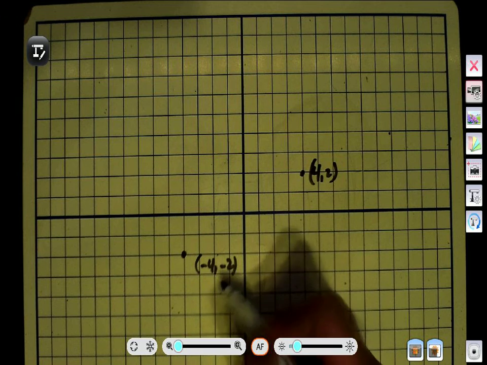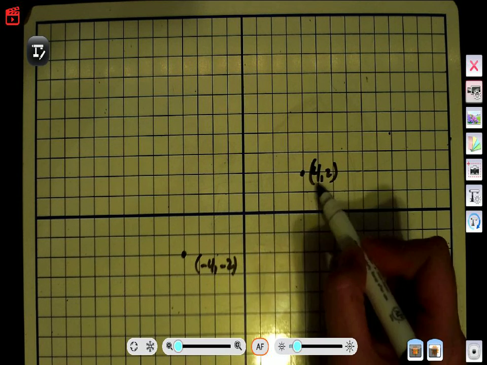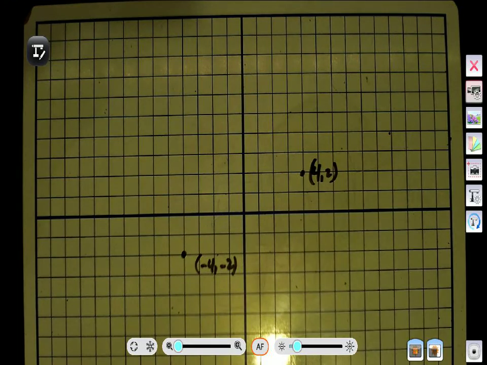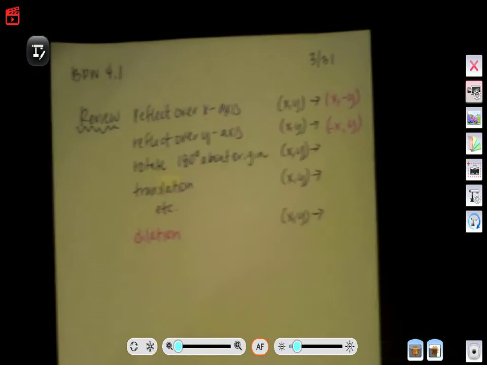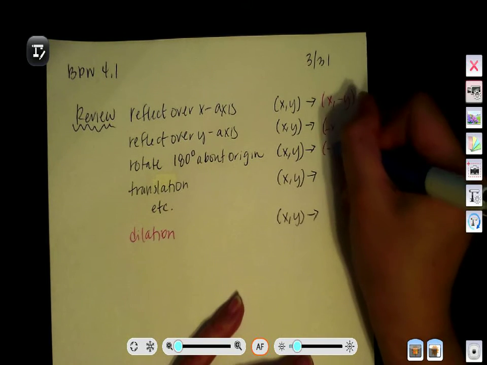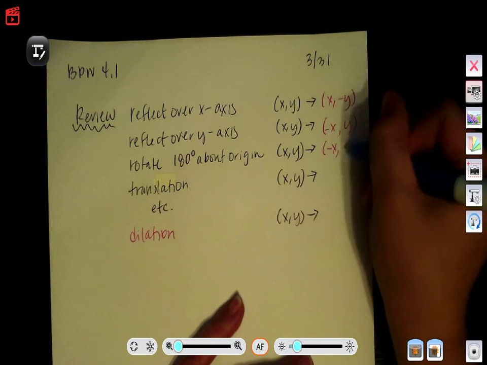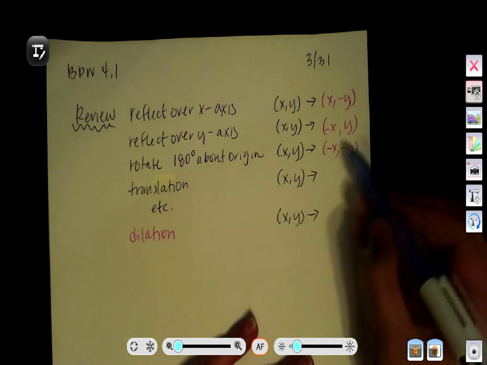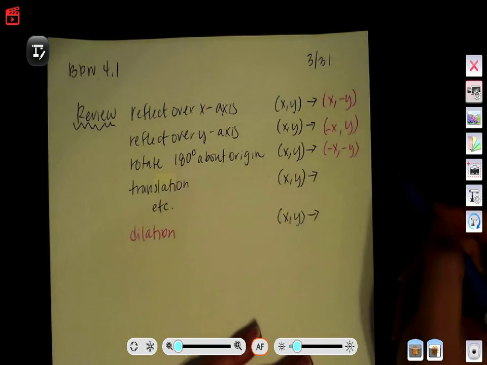If I were to start from over here, the negative 4 becomes a 4, and the negative 2 becomes a 2. So either way, the sign's going to flip. In other words, as far as the rule, the original x is going to become its opposite sign, and the original y is also going to become its opposite sign. So the rule is negative x comma negative y.